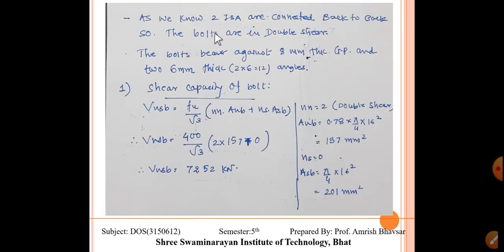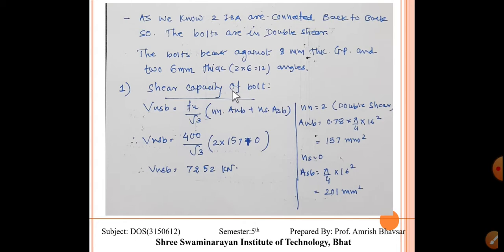As we know, two ISA are connected back to back, so the bolts are in double shear. The bolts bear against the 8 mm thick gusset plate and the two 6 mm thick angles. So for finding out the number of bolts, we must first find their shear capacity, and after that the bearing capacity.